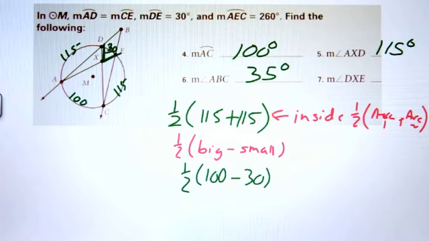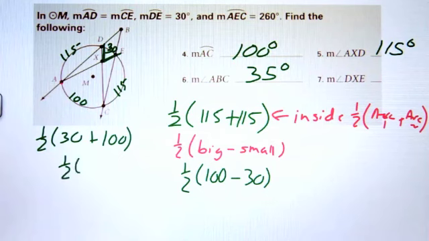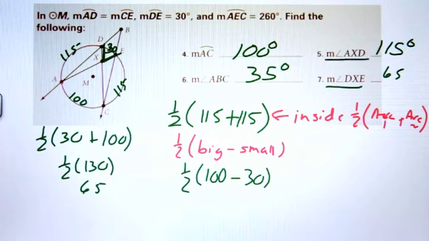So half of 30, for the DXE angle, plus the AXC angle, the one on the opposite side, whose arc is 100. So half of 130 is 65. That's one way I can do it. The other way is to realize DXE and AXD have to add up to 180. And since I already knew AXD was 115, I knew DXE would have to be 65.